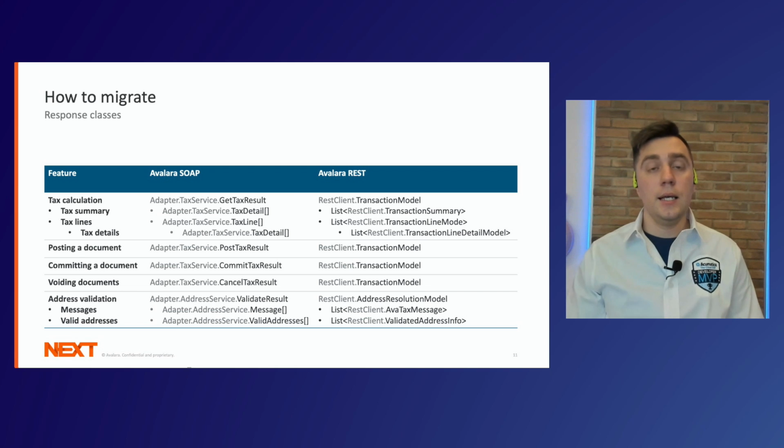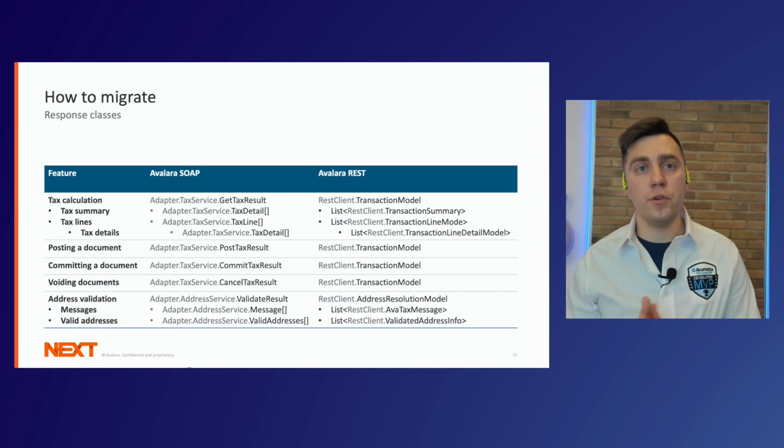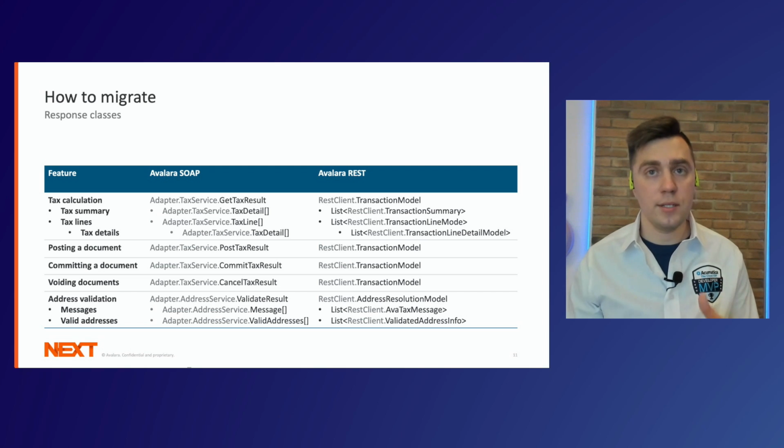It's more interesting to compare response classes that you will get as a result of your request to the Avalara service. Again, they are in different namespaces, have different names and different internal collections, as you can see in the tax calculation feature.